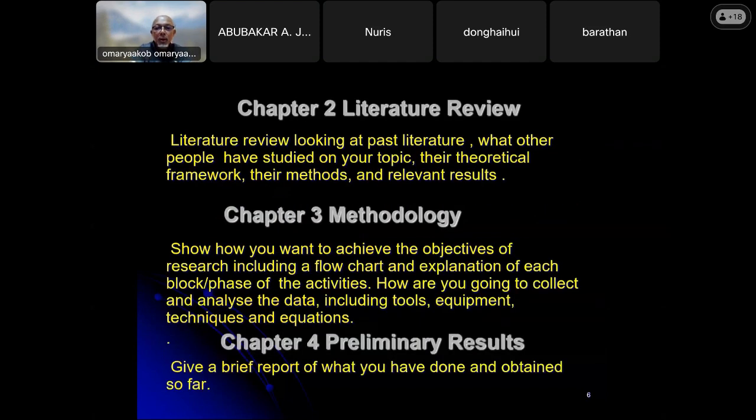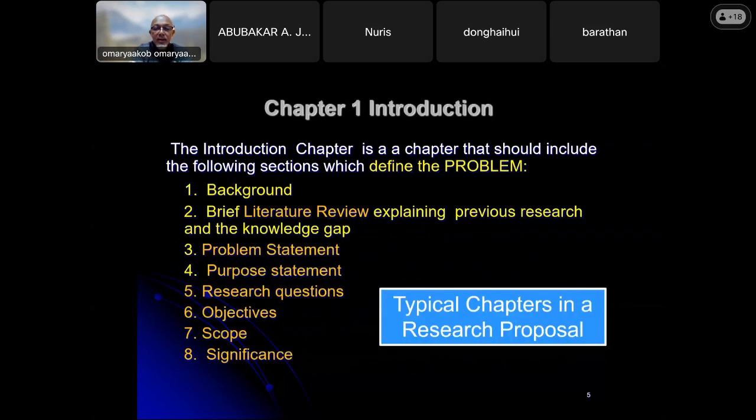Chapter 2 is called literature review, where you look at past literature, what other people have studied on your topic, their theoretical framework, their methods, and relevant results. So the difference between chapter 2, literature review, and chapter 1, literature review, is that chapter 1, section 1.2, which is number 2 here, is a brief literature review looking at research gaps only.